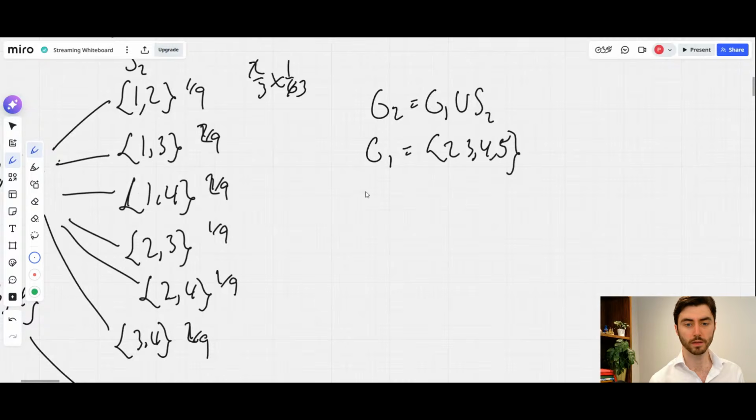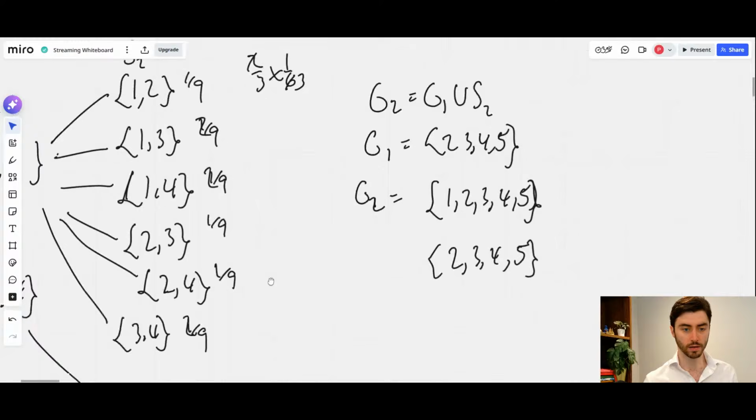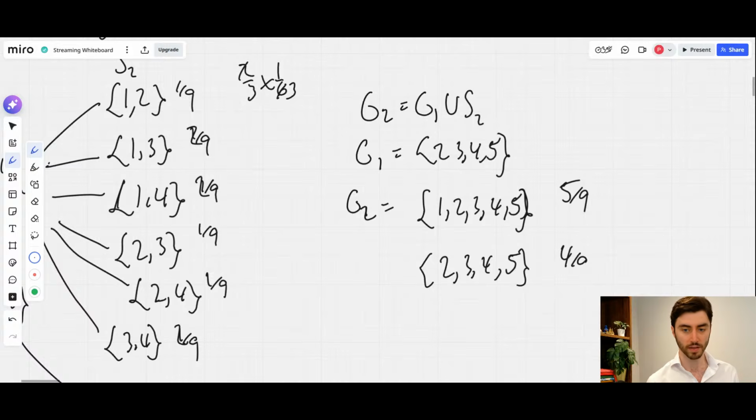So G2 could be 1, 2, 3, 4, 5, or it could be 2, 3, 4, 5. With what probability is it 1, 2, 3, 4, 5? This will happen 5/9 of the time. This will happen 4/9 of the time. So we know what the distributions are for G2.